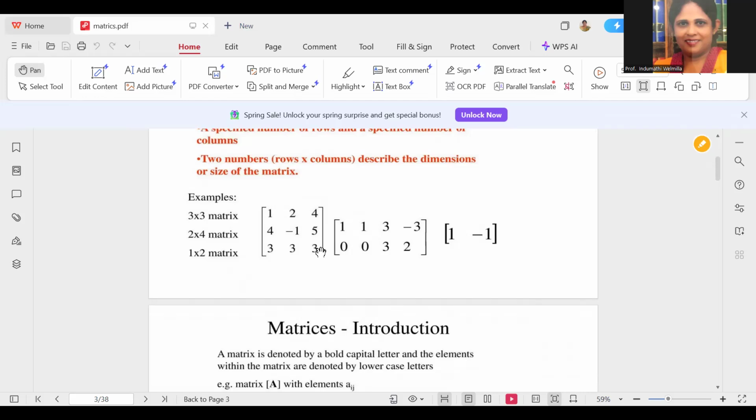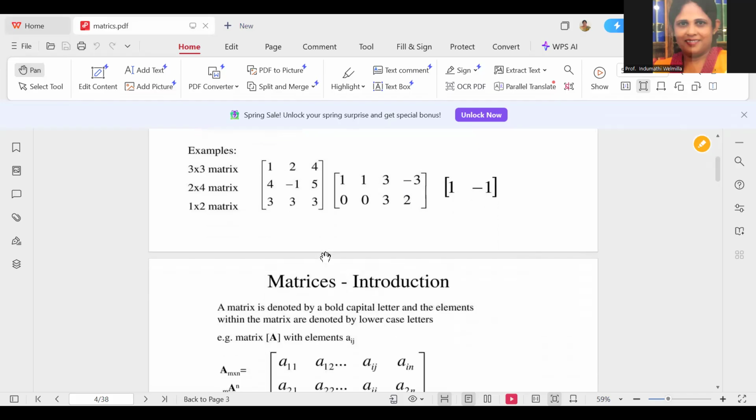In the second example, there are only 2 rows and 4 columns. Therefore that matrix size is 2 by 4. And in the last example, there is only 1 row and 2 columns, so it is a 1 into 2 matrix.